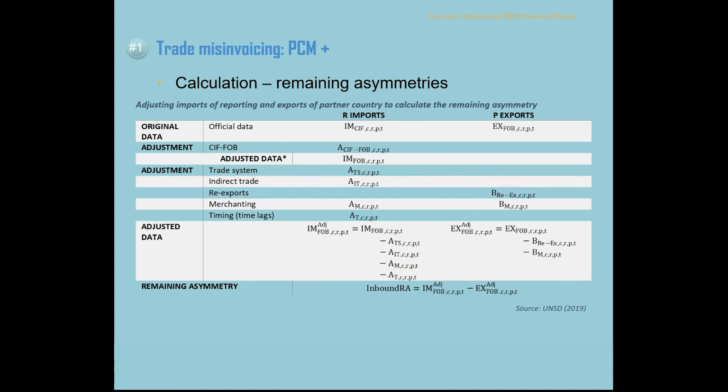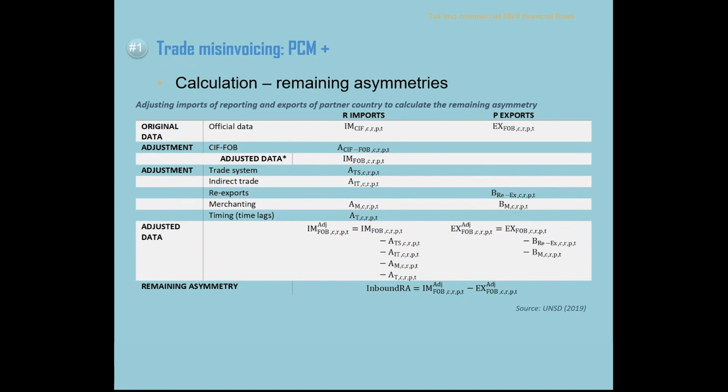And we have to do the adjustments for the valuation, for the trade system. We mentioned indirect trade or the exports, sometimes merchanting, time lags, and any other adjustments that we might find relevant, or the ones that we could actually also measure. And in the end, we obtain the so-called adjusted imports and the adjusted exports.